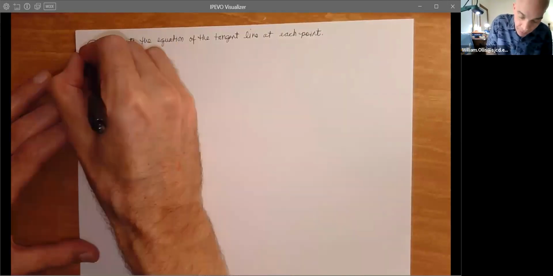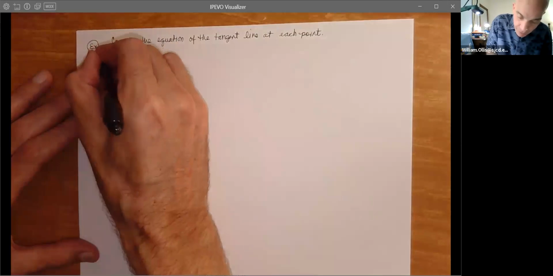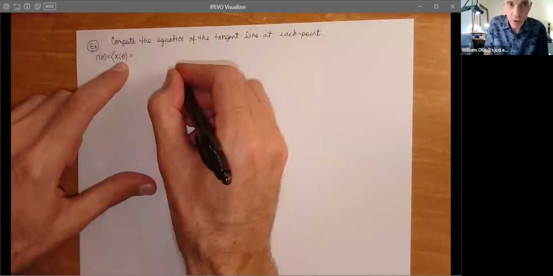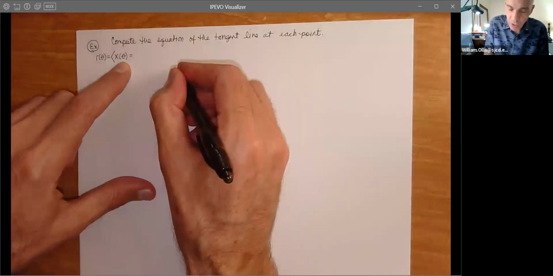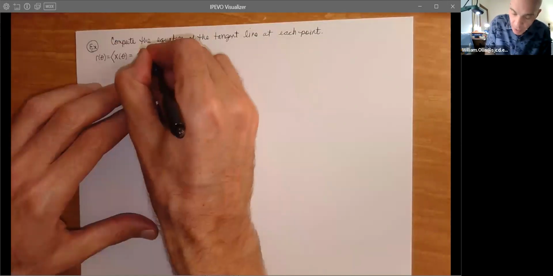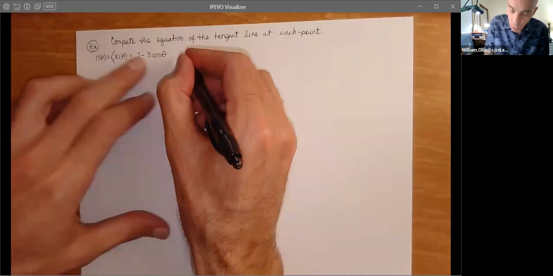So we're thinking, I'll just write this R of theta, but I'll be a little bit more pedantic here. I'll go ahead and write the X here so we can see it. This will be 2 minus 3 cosine theta. Normally, of course, we just leave that out. We know this is the X coordinate.